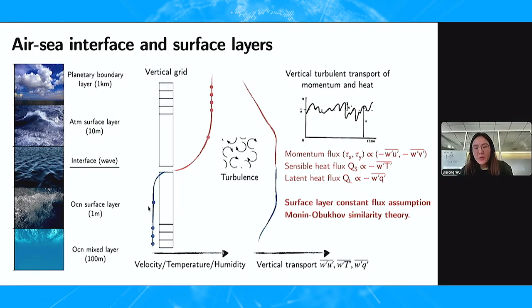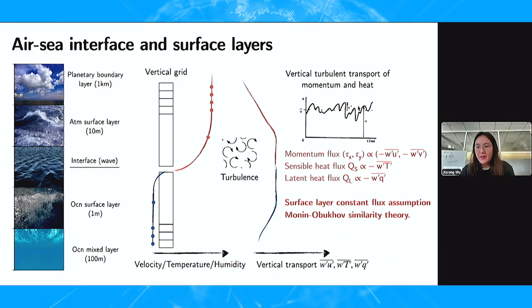But in our coupled model, due to the coarse resolution, usually the very surface layer of the atmosphere consists of only one grid cell. So all of these fluctuations and the transport need to be parameterized. It's within this area where we have the largest gradient that we don't have any resolution.